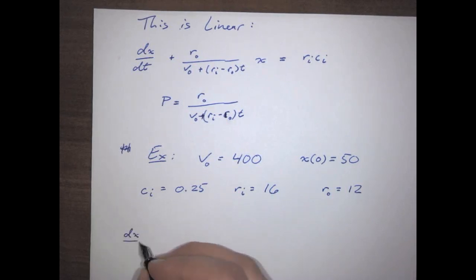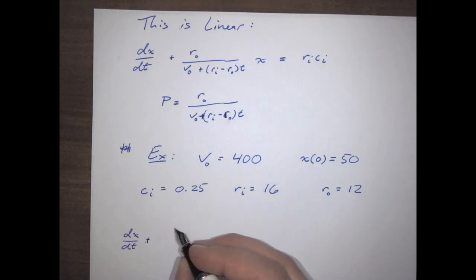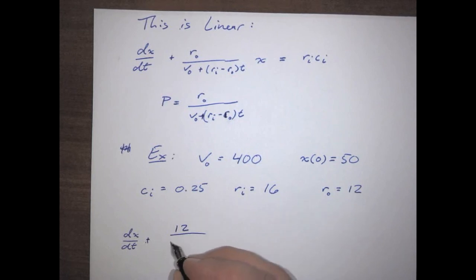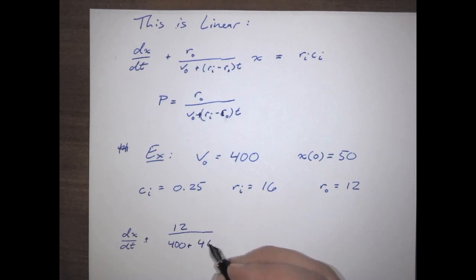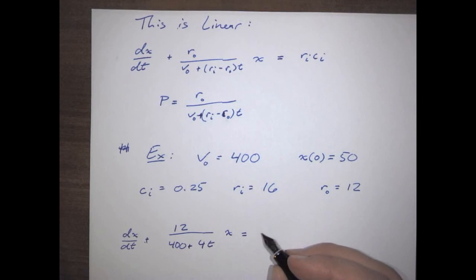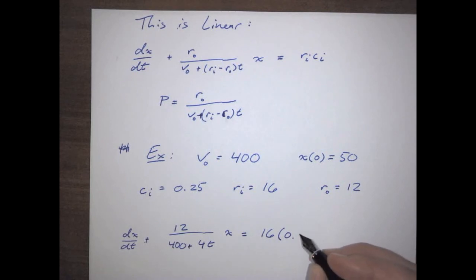So dx dt plus R out, which is 12 over 400 plus that minus that is 4t, times x is equal to rate in 16 times concentration of the water coming in, which is 0.25.